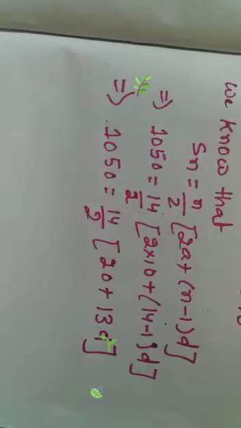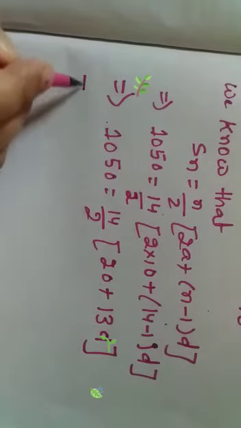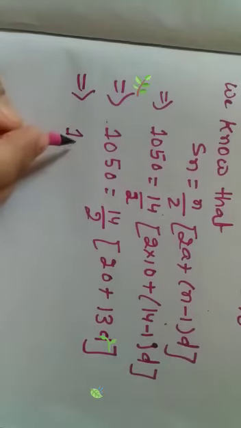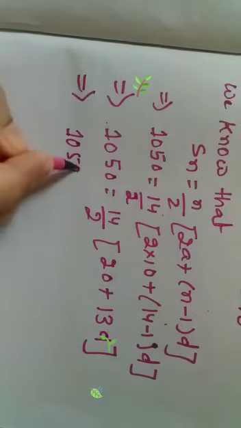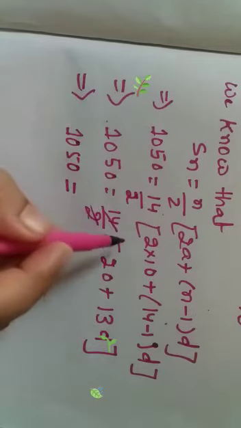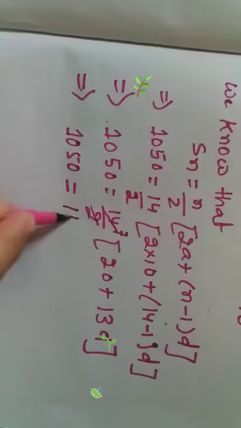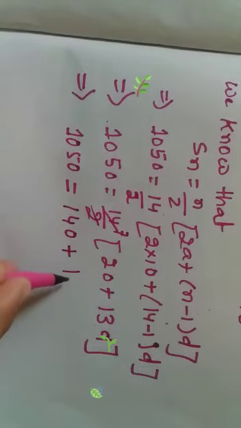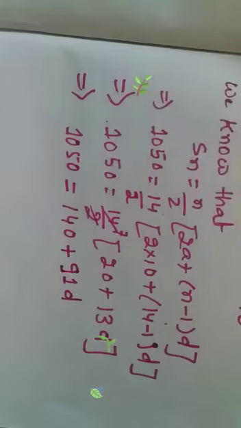Now let us solve this. 1050 is equals to 7 into 20, which is 140, plus 7 into 13d, which is 91d. So this becomes 140 plus 91d.